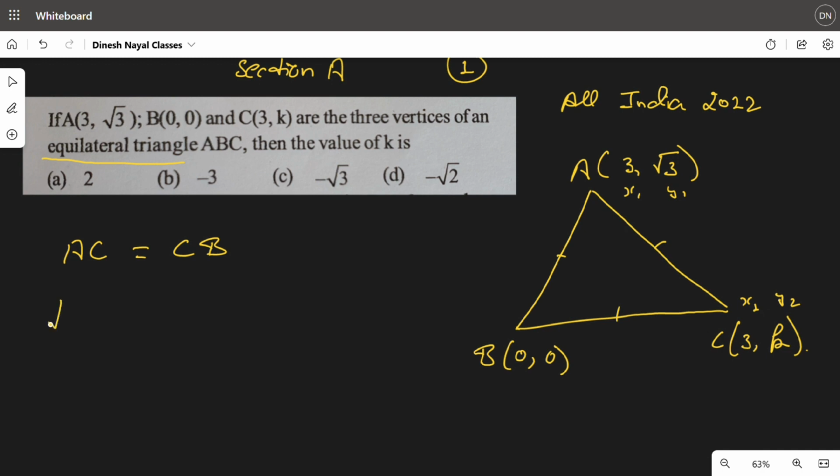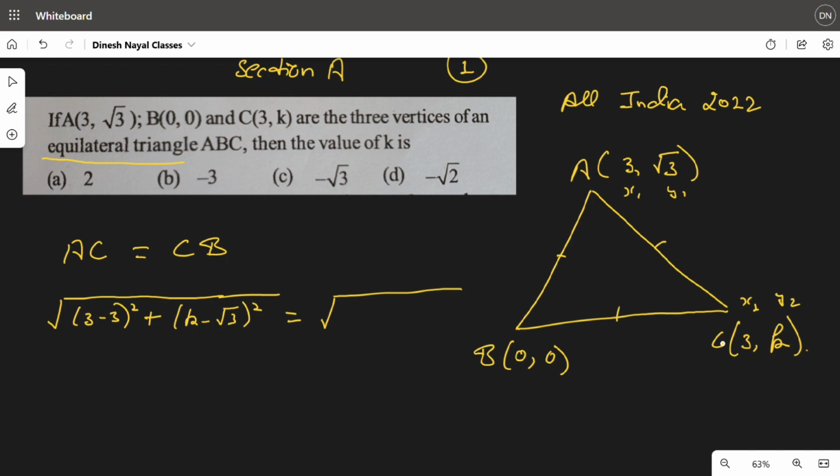So AC will be under root of x2 minus x1 whole square, that is 3 minus 3 whole square, plus y2 minus y1, that is k minus root 3 whole square, which in turn is equal to CB.